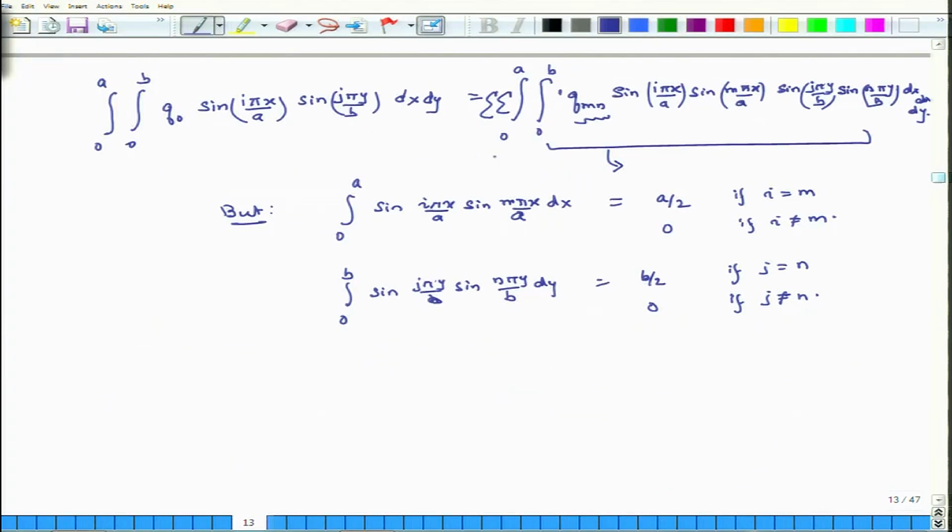Okay. So, what this means is that this entire integral gets simplified if I use this result.